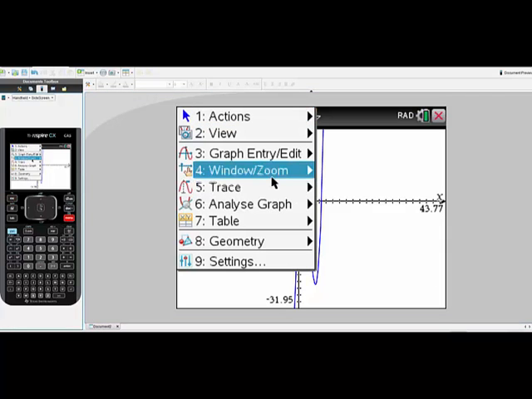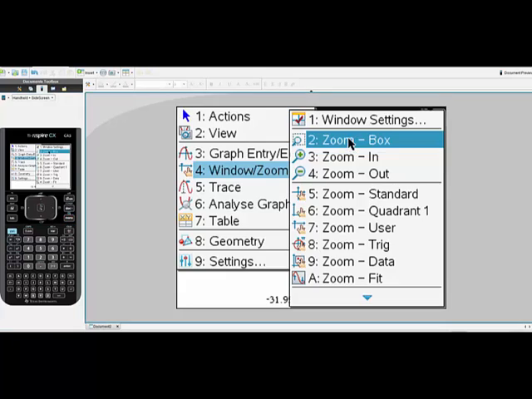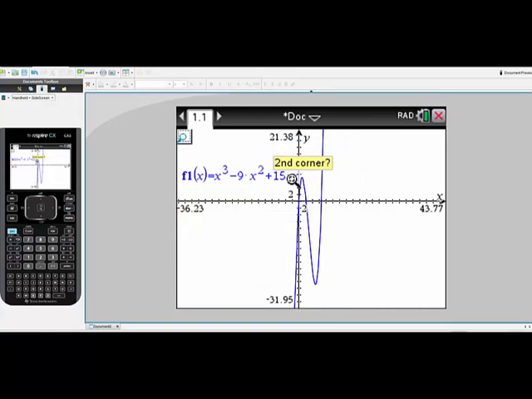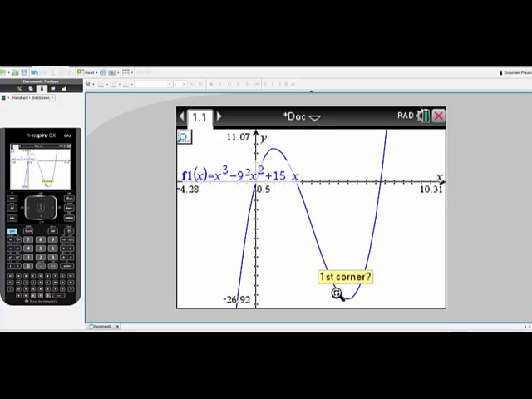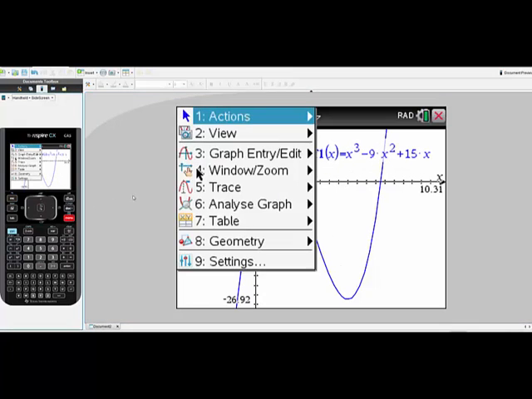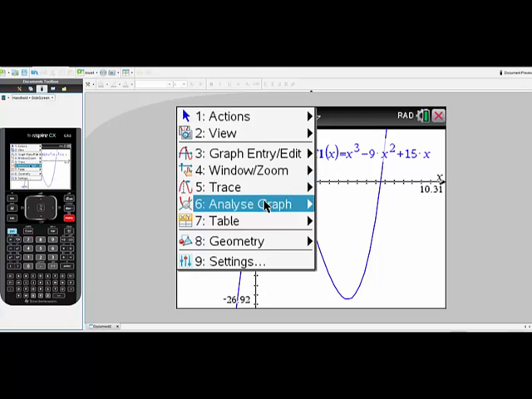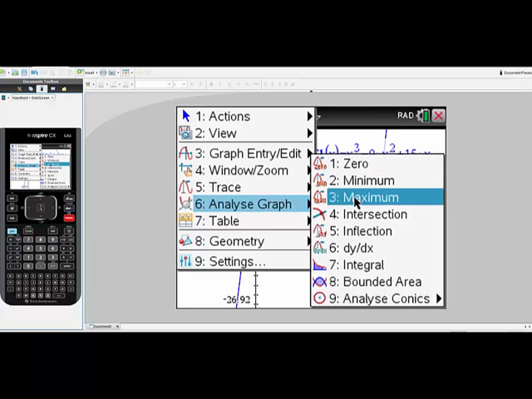I'm going to use the box zoom. Choose this corner and then this corner. So I just see this part of the curve, which is interesting to me. So let's analyze the graph and find the maximum.